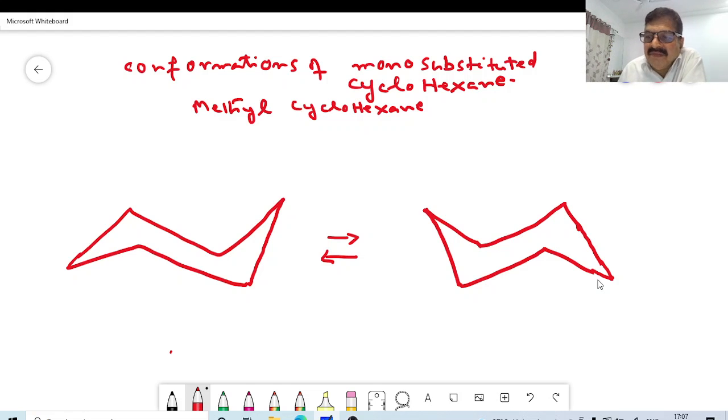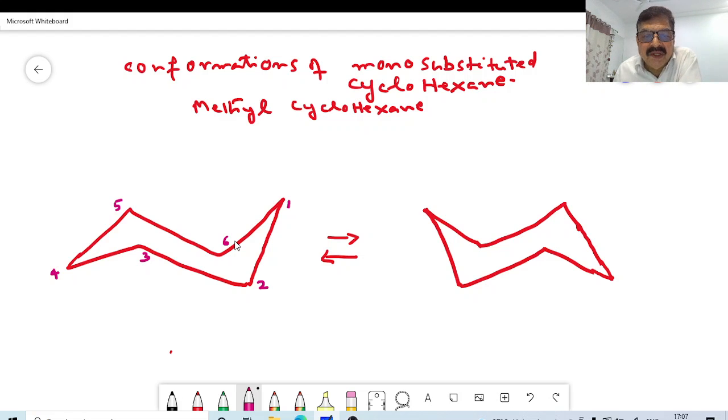number the carbons here. This can be carbon number 1, then it can be 2, 3, 4, 5, 6. 6 carbons here. Okay. Now we will do one thing.